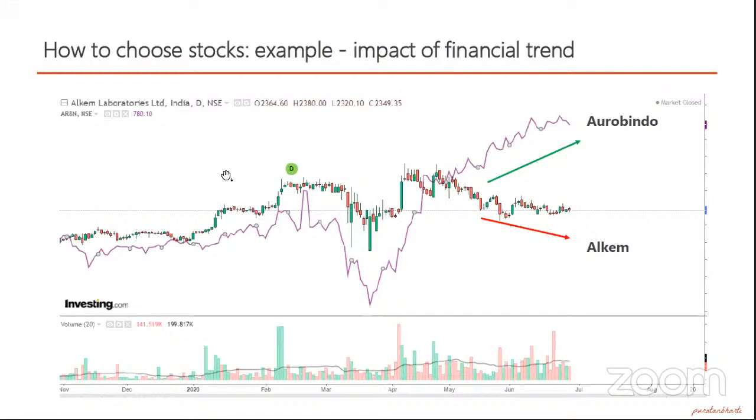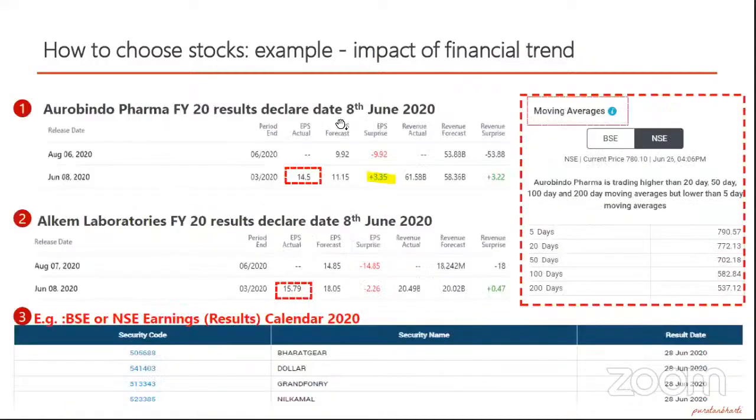What is going to happen the next day, 3 months from now, 6 months from now, 1 year from now? So will Aurobindo be doing better research for finding a COVID solution? Maybe yes. Maybe Cipla does it better. So if people think that Cipla will have a better result, a better drug and a better pharma solution for COVID, the stock price of Cipla will jump up. So stock prices that you see here are not present day stock prices. They have an expectation built into them, and that is why they call it EPS surprise or EPS forecasted.